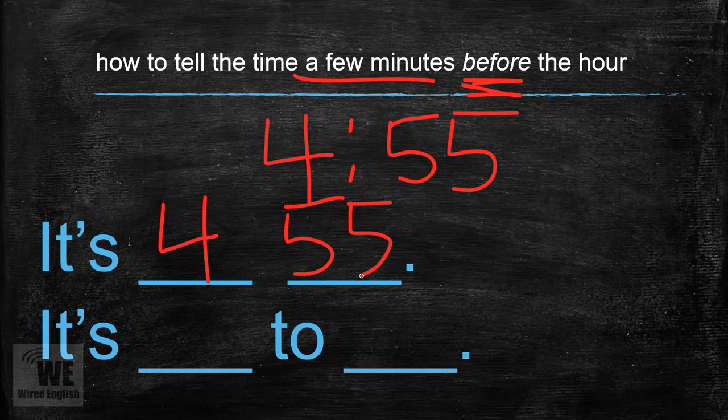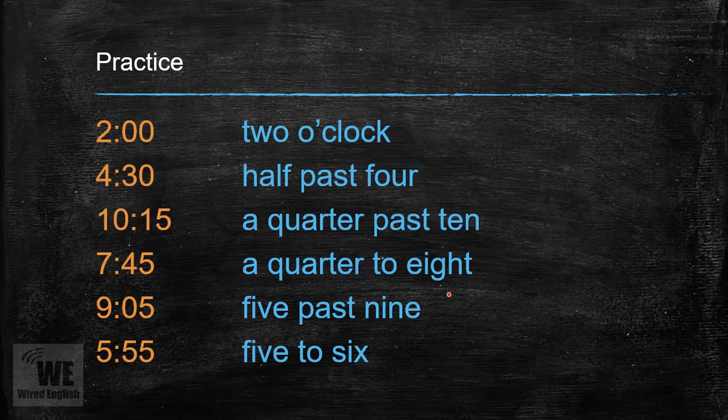But the other way to say it is that it's 5, again, 5 minutes. It's 5 to 5. Okay? I know it sounds confusing, but that's what it is. It's 5 to 5. That means it's 4:55.